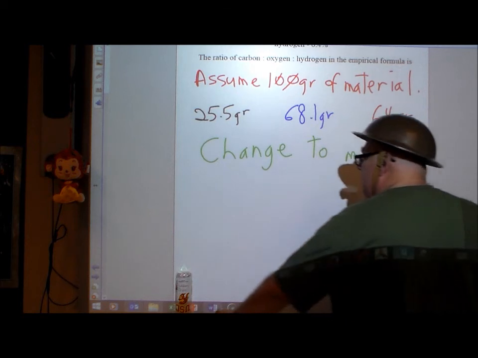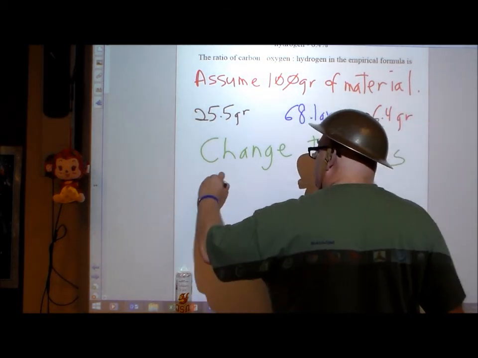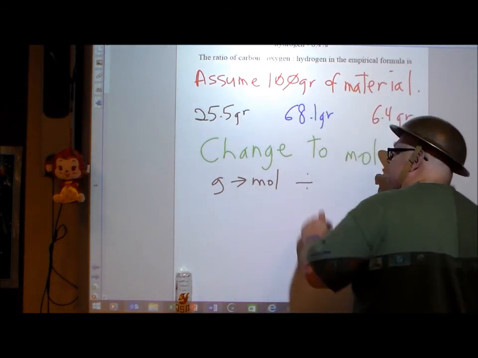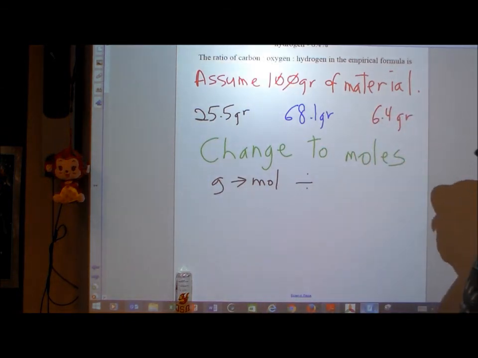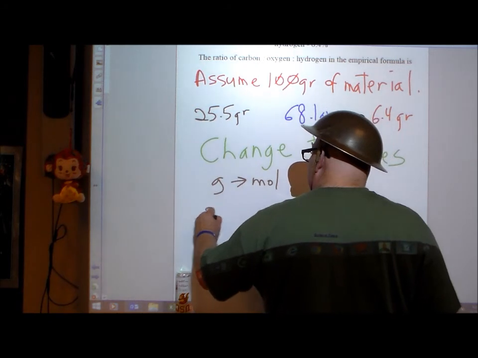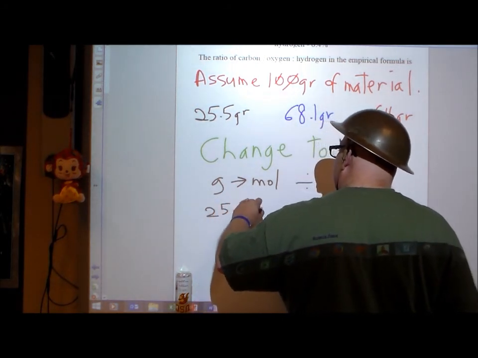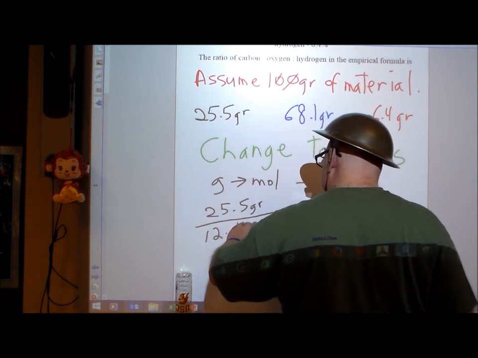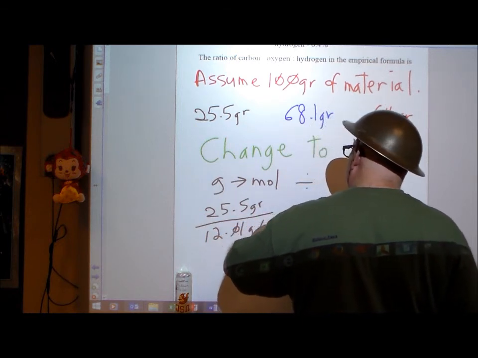We go back here, and I'm going to say we're going to go from grams to moles. Well, that means we're going to have to divide, aren't we? Yep, we're going to have to divide. So 25.5 grams over 12.01 grams per mole.